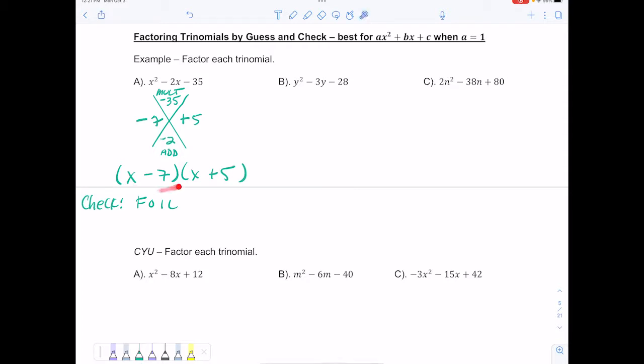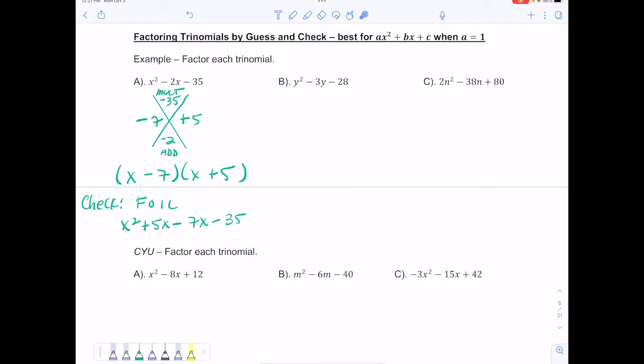So if you multiply x times x, you do get x squared. And if you multiply x times 5, the outer terms, you get 5x. And then the inner terms, negative 7 times x is negative 7x. And then the last terms, negative 7 times 5 is negative 35. You can combine the two terms in the middle.